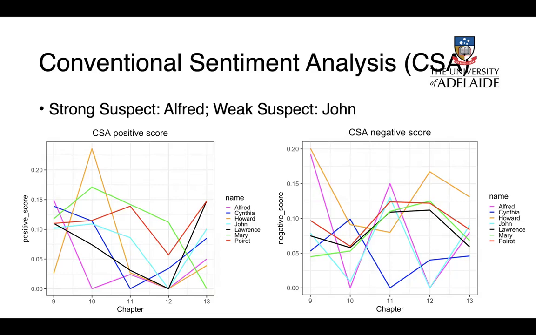So we say Alfred is our strong suspect. And for John, his negative score also rises, but his positive score rises to a larger degree. So we say John is our weak suspect.